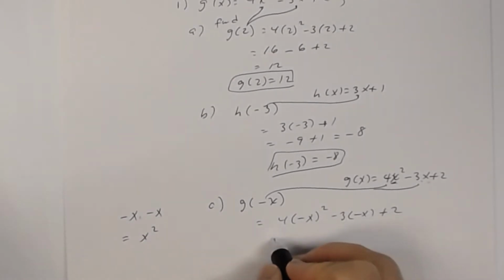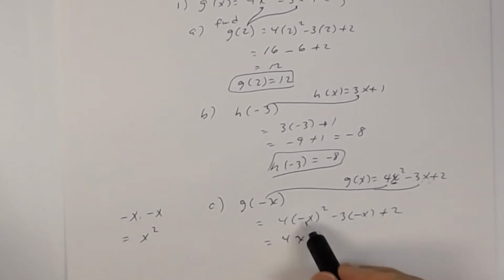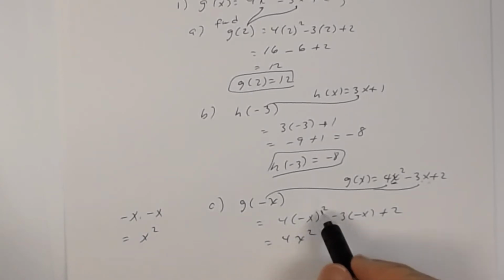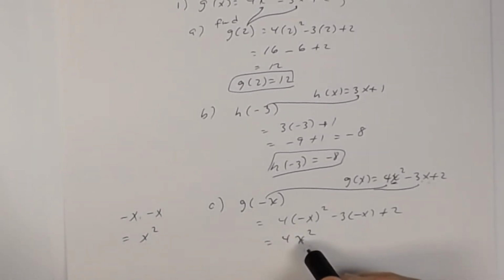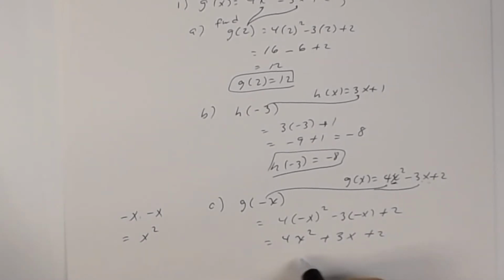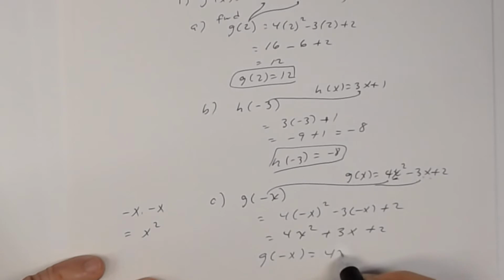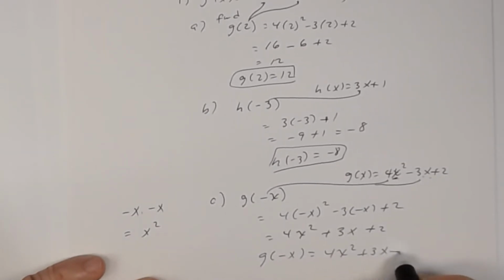So 4 times negative x raised to the second power becomes 4x squared. That's important. A negative 3 times a negative x is a positive 3x, and then plus 2. And so there's your answer. g of negative x is 4x squared plus 3x plus 2.